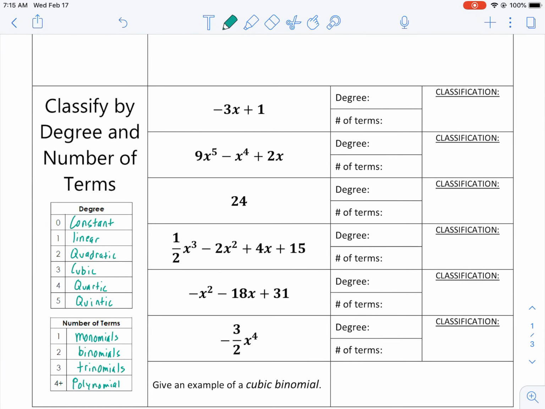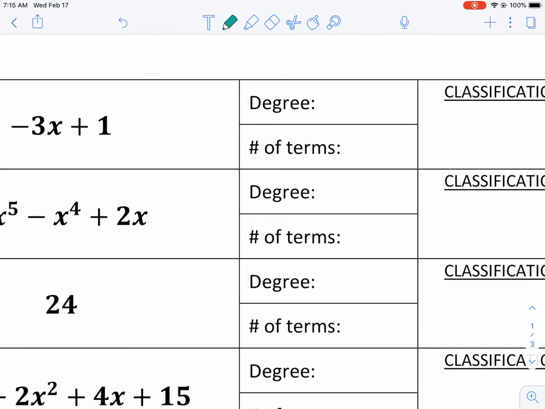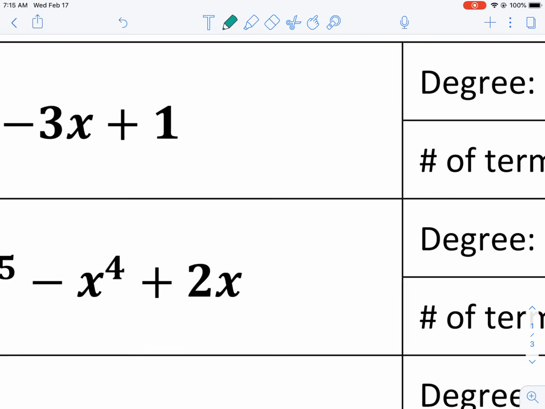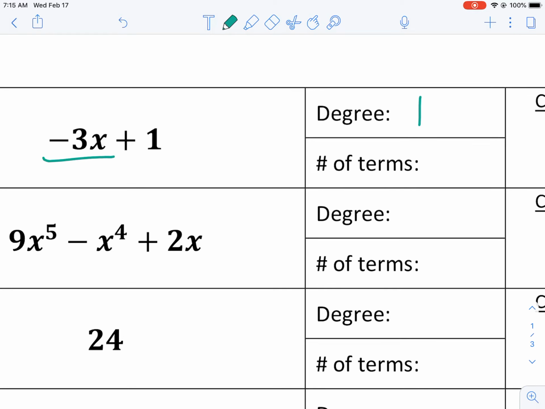So we're going to go down here and go through this. How do you classify it? The degree here is 1. If there's a letter with no exponent, we know that's an exponent of 1. Number of terms: this is a term, this is a term, so that has 2 terms.